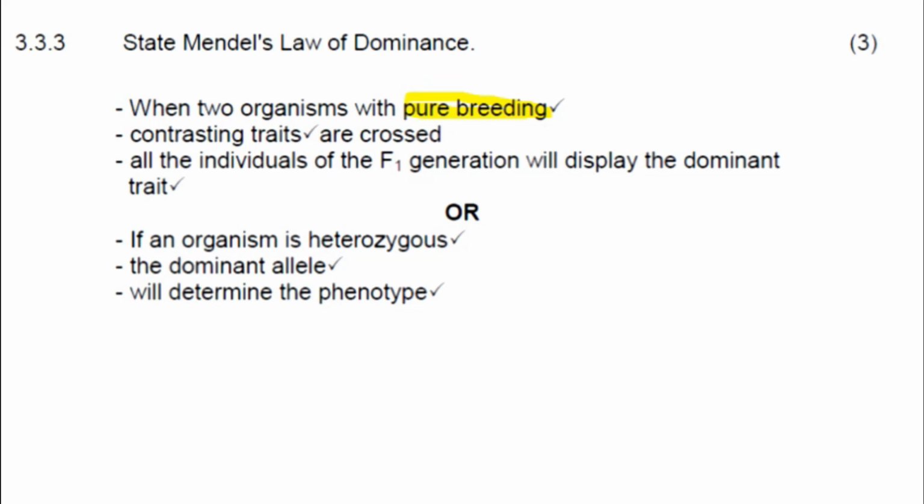So if we cross two pure breeding or homozygous organisms with contrasting traits, all of the individuals of the F1 generation will display the dominant characteristic. Now the other option is if you didn't look at pure breeding organisms, but at ones that were heterozygous, so they had a small letter and a capital letter. If you have an organism that is heterozygous, then the dominant allele will determine the phenotype.